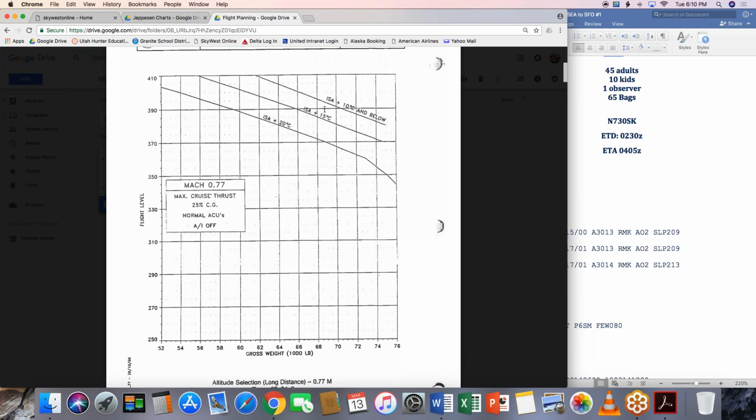Okay, so we come here to our gross weights on the bottom. We go to 63. We'll take that all the way up here to our ISA, we're ISA plus 5. We'll take it to our ISA plus 10 degrees C here, and then we'll follow that over to this side, and that gives us our altitude.